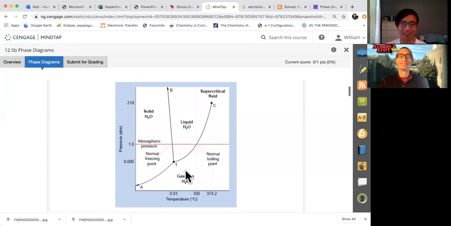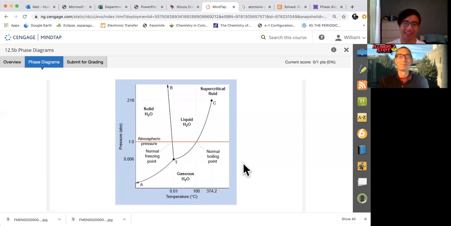Like you said, there's just so much information condensed on here. So usually how I approach phase diagrams is just remembering, and most of them are labeled, where the solid region is, where the liquid region is, where the gaseous phase is.